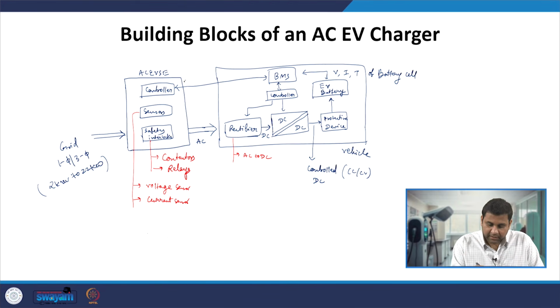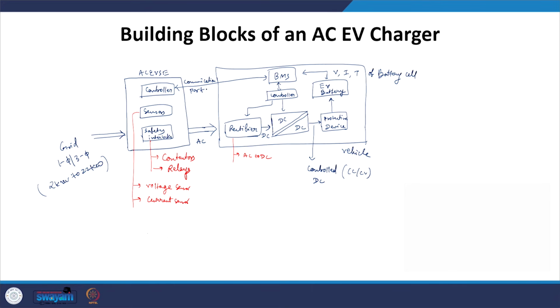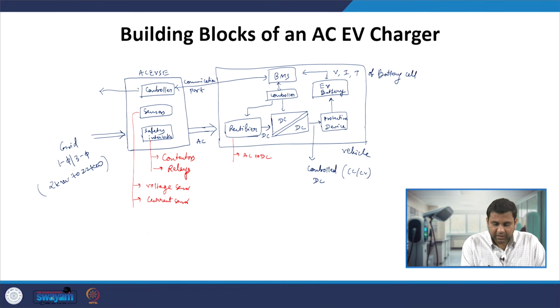So you have a dedicated communication channel or port, and it communicates with the AC EVSE to define whether the EV is ready to accept the charge or not, and also whether the charger is ready to charge the vehicle or not. All this information and different statuses will be exchanged between the BMS and the AC EVSE, and this AC EVSE will also be communicating with the CMS, which is a central management system.